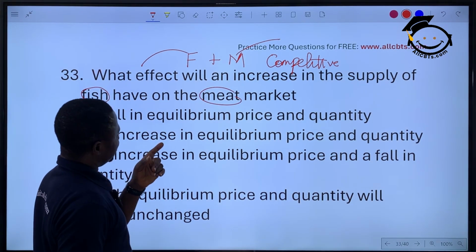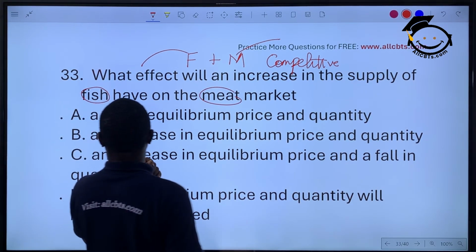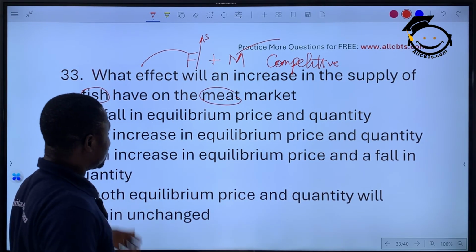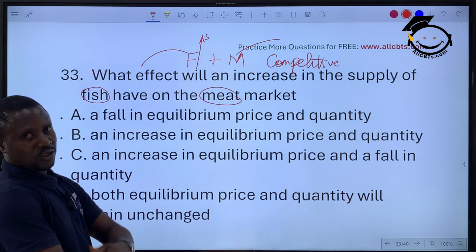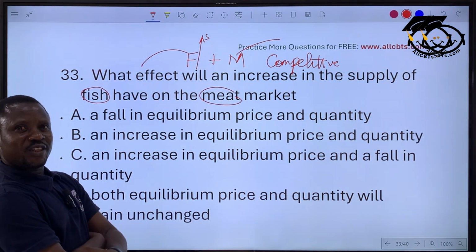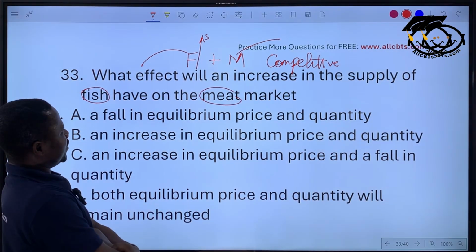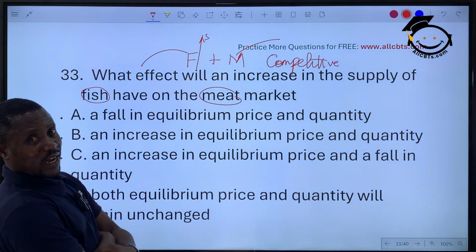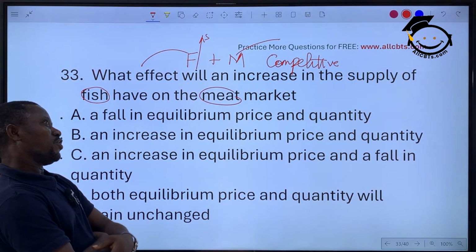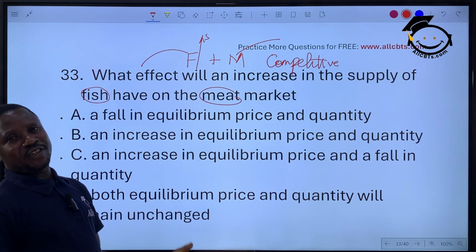Very well. So the question is now saying that more fish has been supplied to the market. There's plenty of fish in the market. So when there's more supply, what do you think will happen? It's likely that the price will fall, because it's not so rare, so plenty in the market.